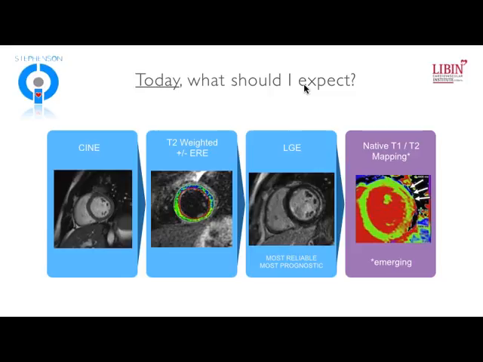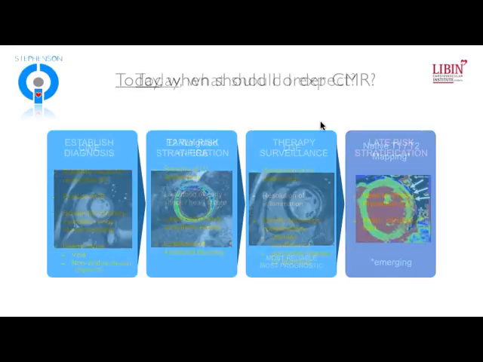I think it remains to be seen whether or not there is any real prognostic information that's going to come out of this that is incremental to late gadolinium enhancement, but that's going to be an area of active investigation.